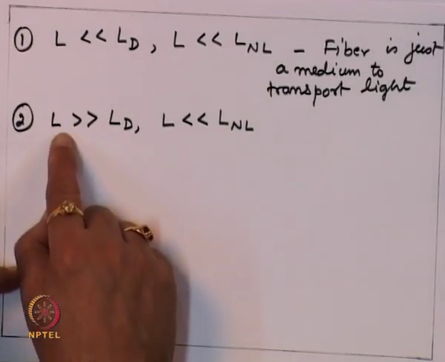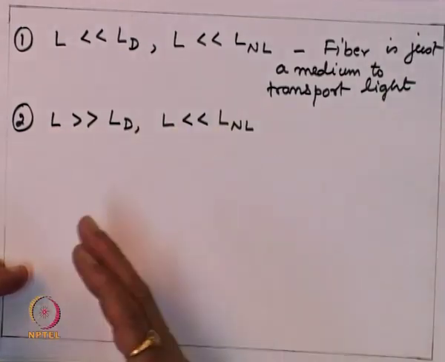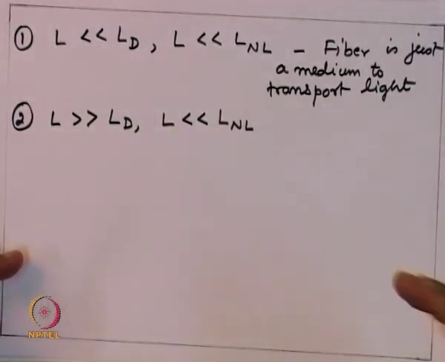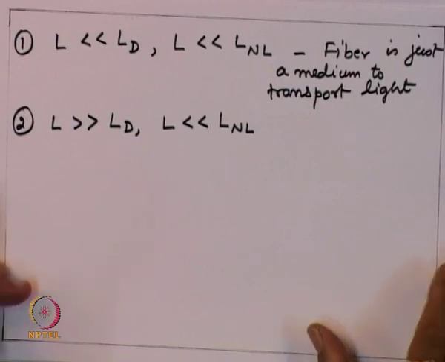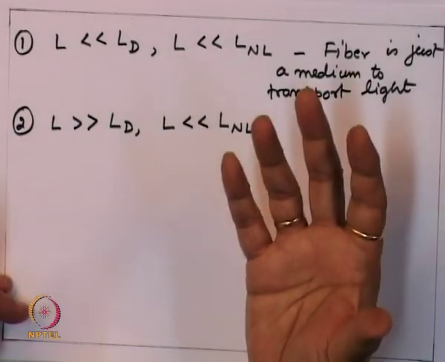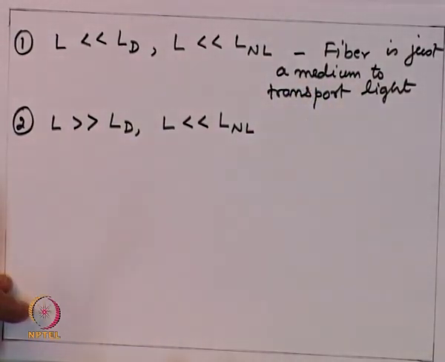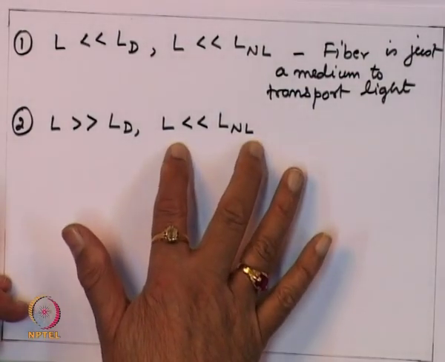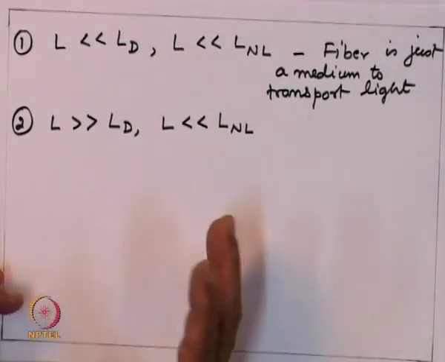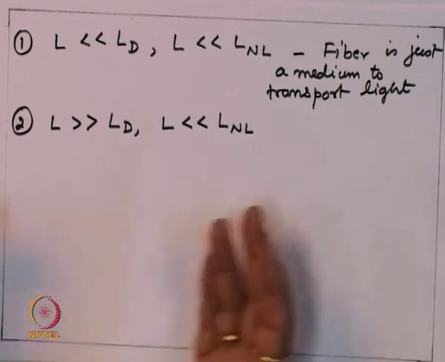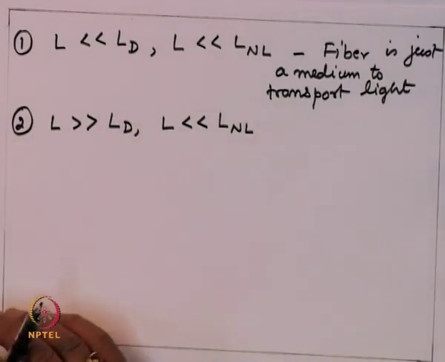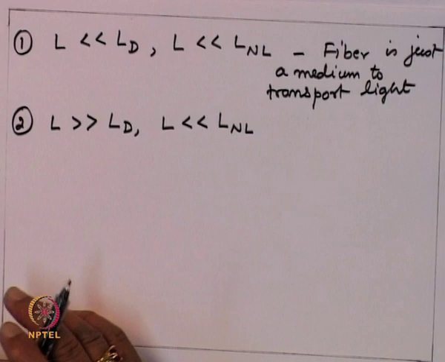So the pulse will be travelling over a distance much larger than L d, which means dispersion effects will start to be seen on the optical fiber, but the power in the pulse is still not very large, so nonlinear effects are still not seen. In this case you will see what we have been discussing in optical communication so far, the pulse broadening phenomenon or the dispersion phenomenon.